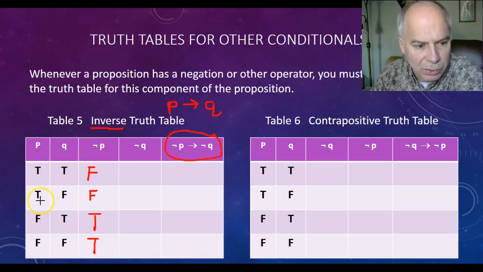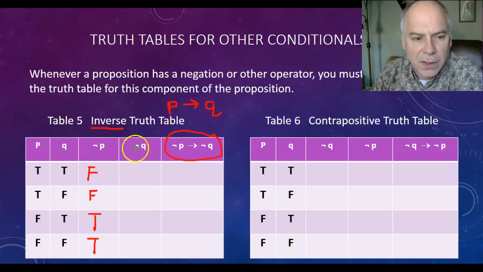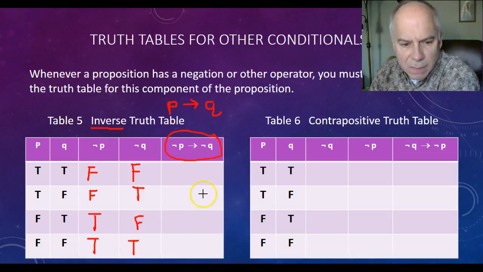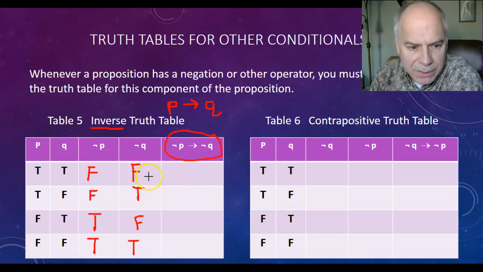So instead of true, true, false, false, it's false, false, true, true. And then the Q column is true, false, true, false. The negation of that would be false, true, false, true. So you basically negate the P and the Q columns.